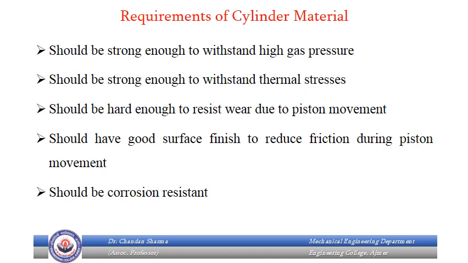So it should be strong enough to withstand thermal stresses. Since piston is continuously moving within the cylinder, it should be hard enough to resist wear due to piston movement. Further, it should also have good surface finish to reduce friction during piston movement, and it should be corrosion resistant. So these are few requirements that a good cylinder material should possess.